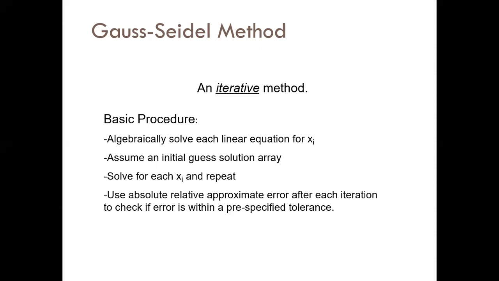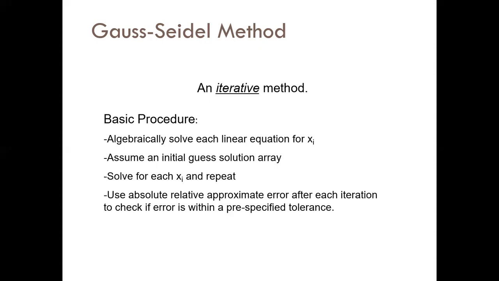The basic principle of this method is that each linear equation can be solved algebraically for xi. Assume an initial guess solution array, solve for each xi and repeat. Here i is the number of iteration, that is x0, x1, x2 up to the nth iteration.